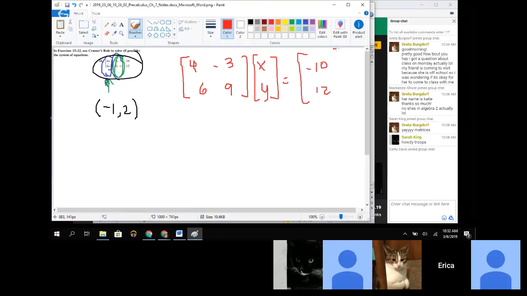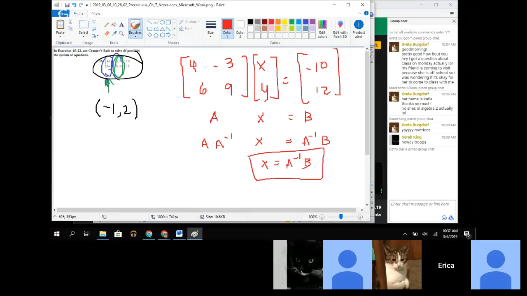Again, this is not in your pre-algebra or pre-calc book, but this is in your Algebra 2 book, and I thought it's a good method. So this is matrix A times some matrix X equals matrix B. If I multiply matrix A by the inverse of matrix A, then I also need to multiply matrix B by the inverse of matrix A, and I get to solve. So X equals the inverse of matrix A times B.